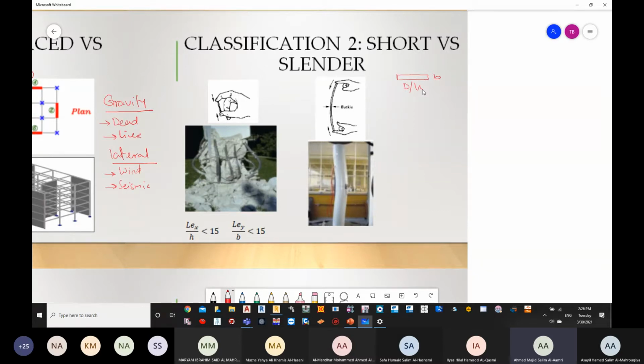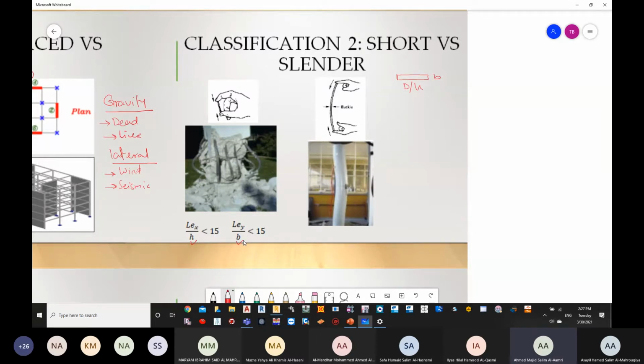So we have 3 dimensions for the column: length, depth, and width. Width is referred to as B. Depth in some sources is referred to as capital D, or here by the BS code as H. Length is referred to as L. So we already know what our H and our B are.